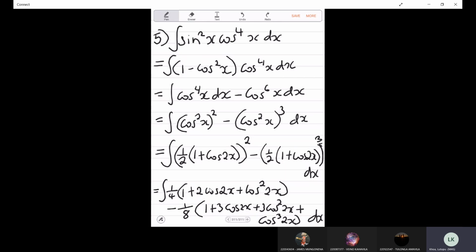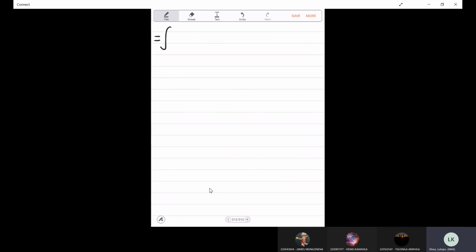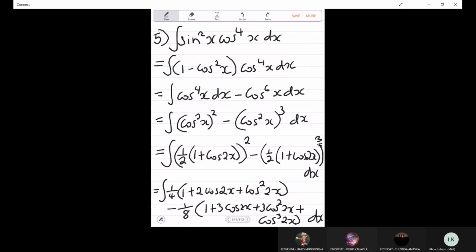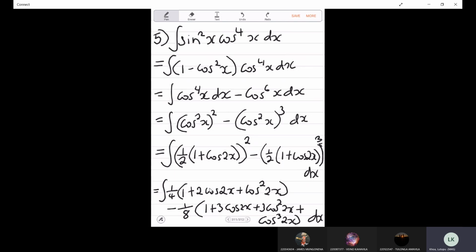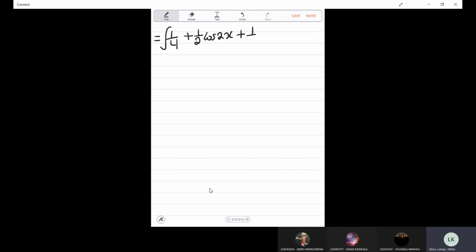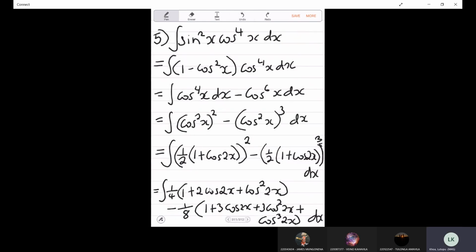Okay, so now just multiply out the brackets. So we have the integral. We have a quarter. Then I have a quarter times 2 is a half cos 2x. And then I have a quarter times cos squared of 2x. Then I have minus 1 over 8 times 1.